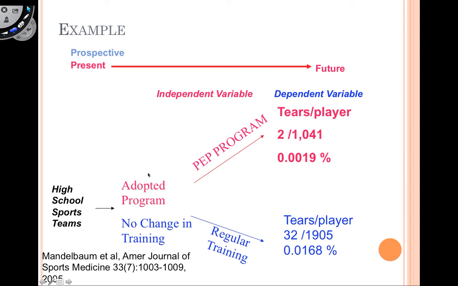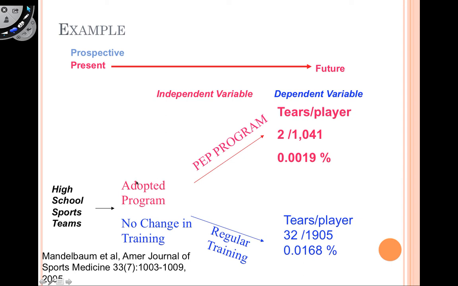And so this sample was high school sports teams, in particular women's soccer teams. What they did is they went out to the community in Los Angeles and asked high schools and colleges to adopt the program. Those that adopted the program were put into the intervention group, and those that didn't adopt the program were put into the regular training group.